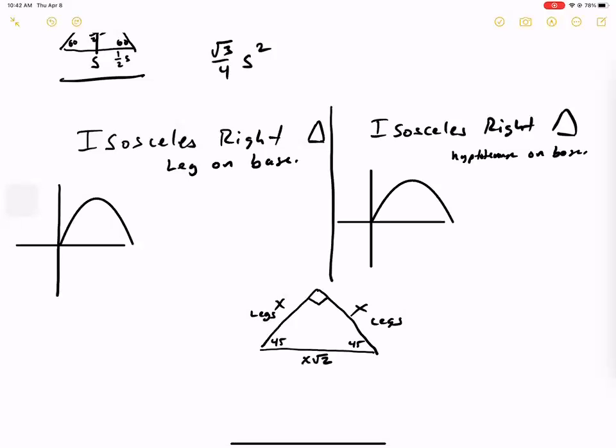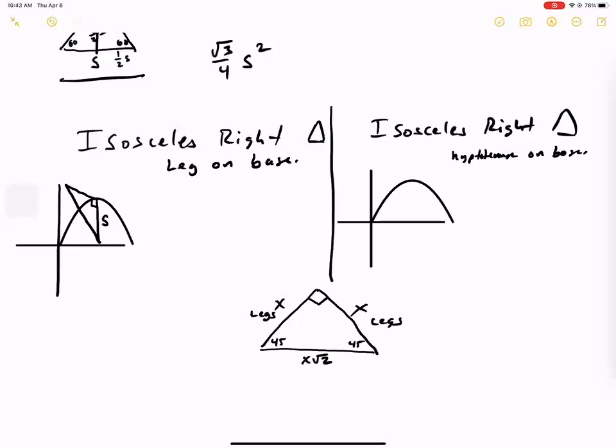Let's go the other way. Let's make this stand out like this. I think that looks better. All right, can you guys see that this is my leg? So it's standing straight up, right, and then sloping back down. And if you flip it the other way and have that side stand up, it's the same thing, right? That's the leg on base, and I'm going to call this leg S.